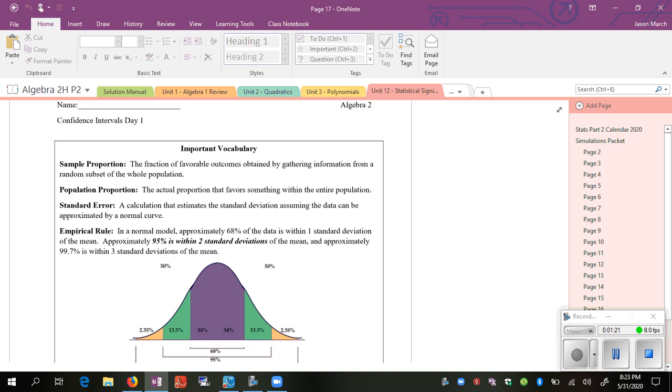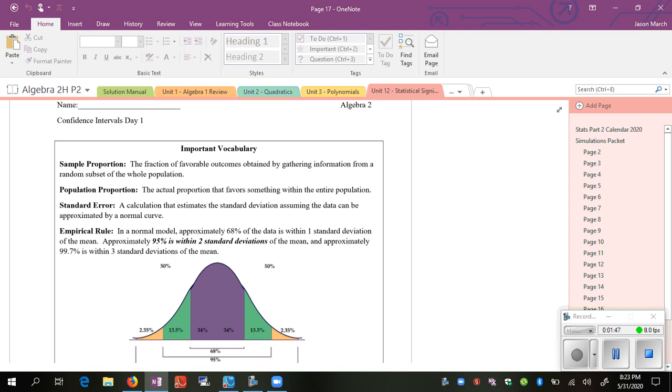The population proportion would be the total number of seniors and how they feel. So let's say that we had 0.8 as our sample proportion, but in reality, 75% of all the seniors wanted to go on the trip. That would be our population proportion. Sample proportions are usually used, as a smaller subset, in scenarios where it's harder to survey the entire population.